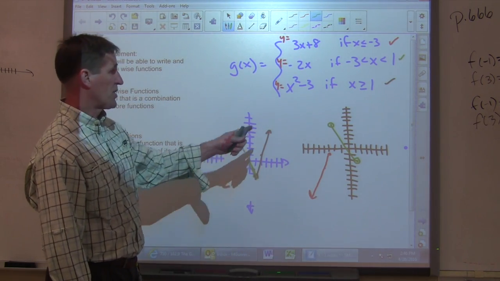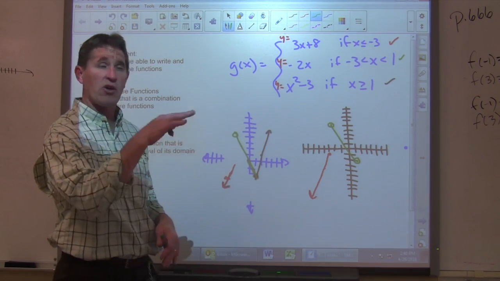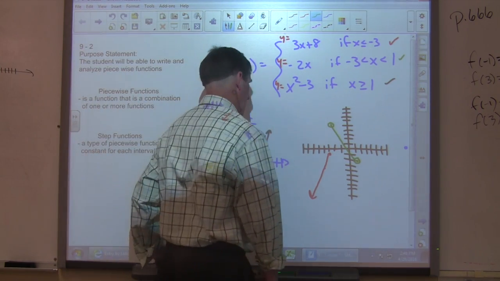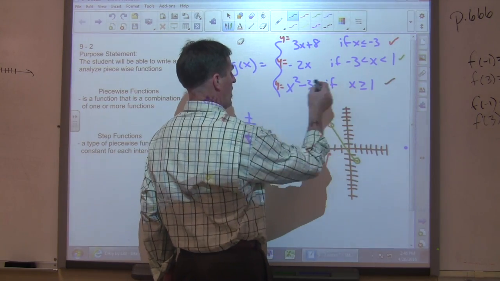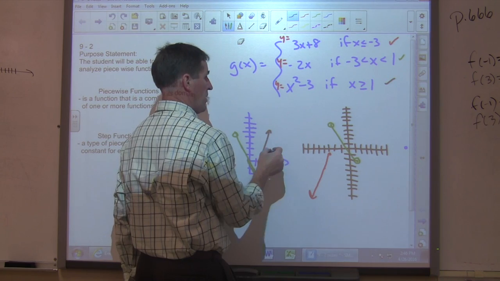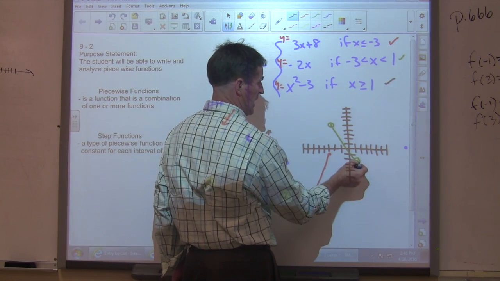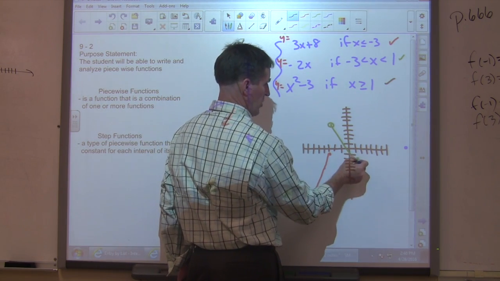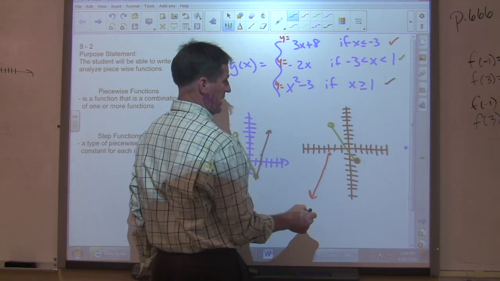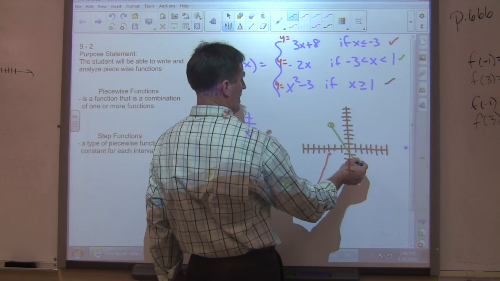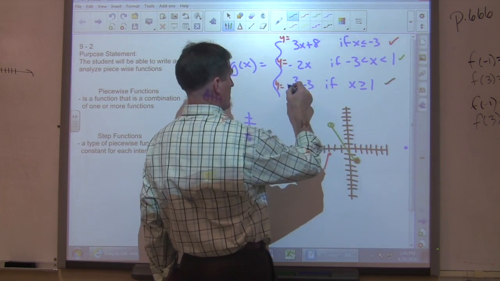And then the last one, it's a quadratic, so I know that's going to be a curved line. Again, we'll do that in black. So we plug in 1. 1 squared is 1 minus 3 is a negative 2. So I'm at 1, negative 2, which goes in this spot that's open. I just fill it in because the black part's going to fill that in. And then I plug in 2, because it's going to be curved.